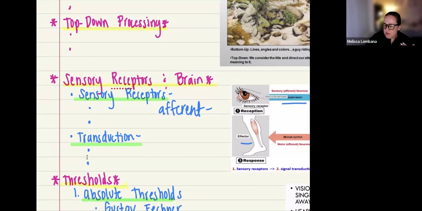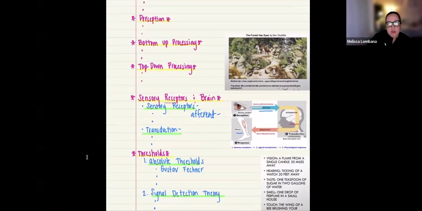All right, now there is a keyword here for this unit that you need to know, and it is the word transduction. Okay, very, very important. Transduction is basically the conversion of that external energy that our senses received into neural energy, all right?